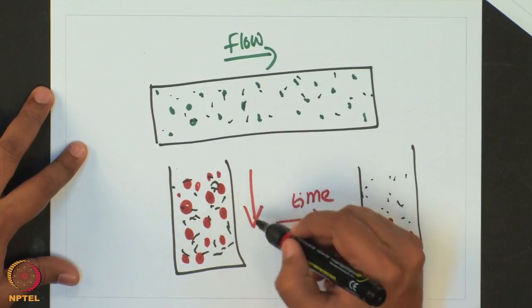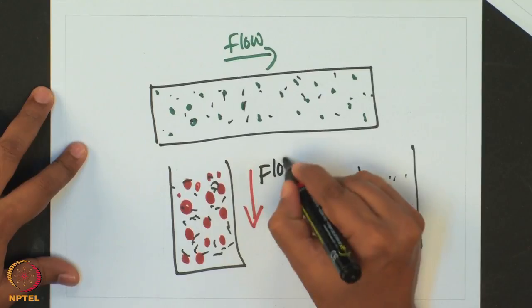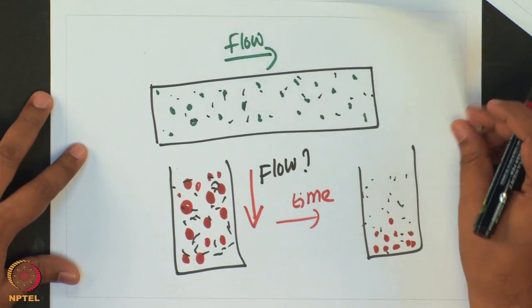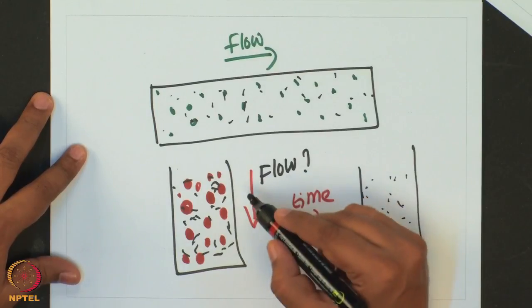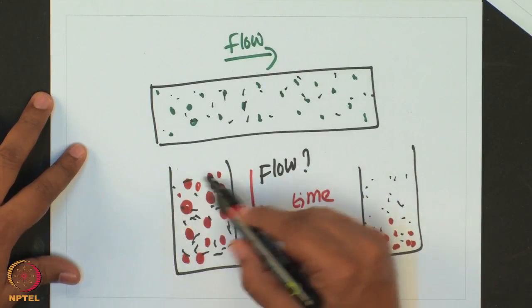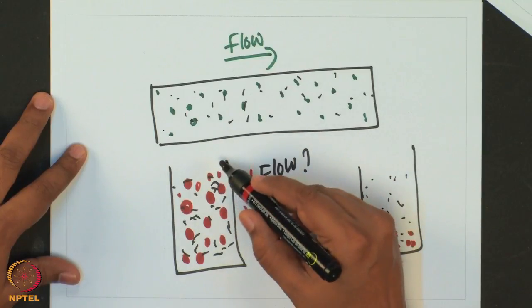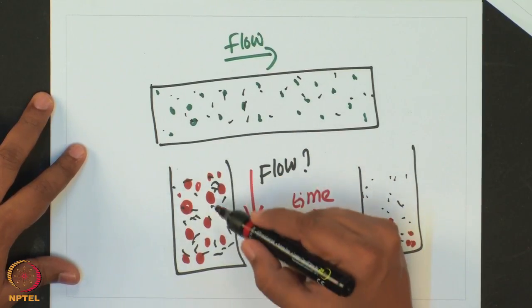Now how much is this flow? Can we quantify this flow? It turns out that this flow J is proportional to, of course, the concentration, and is also proportional to the velocity of this flow.